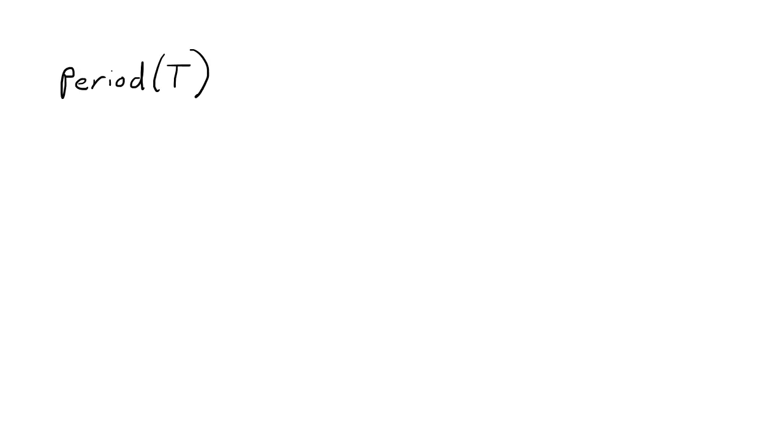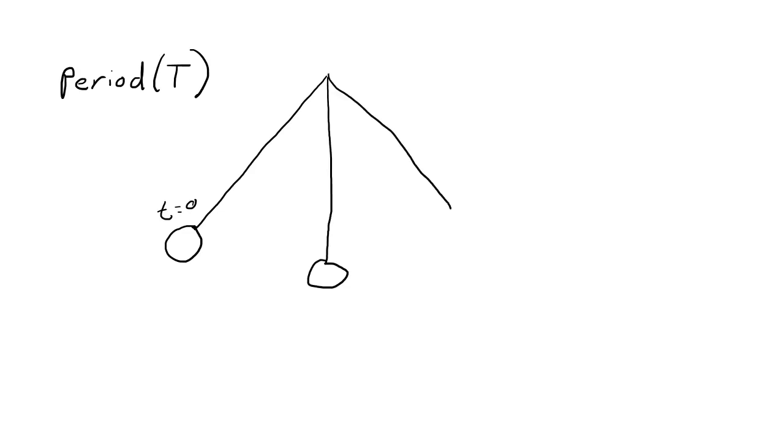So what do we mean by this? If we were to start our pendulum at this position here, my time would equal 0 at this position. It's going to swing downward, and it's going to swing upward. Once it's gone all the way from down here to up here, it's gone half of one complete oscillation.